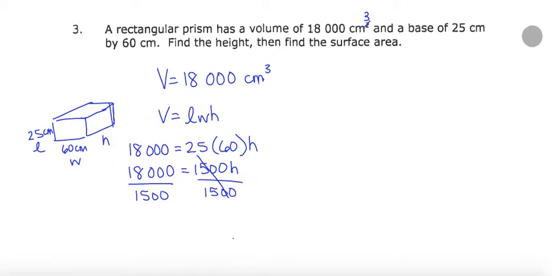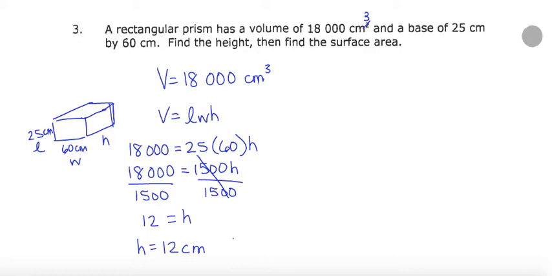And we can do the calculation on the left-hand side to solve for our height. So 18,000 divided by 1,500 gives us 12. So that equals h. So the height of my prism is going to be 12 centimeters because those are my units. So once I've identified the height of my prism, now I can calculate my surface area.